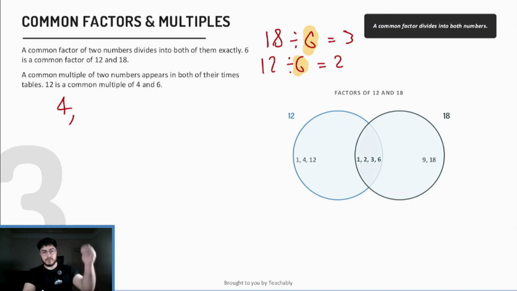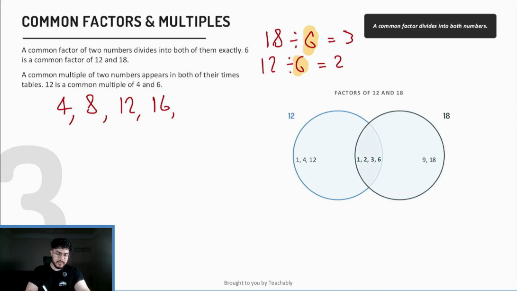Remember, you just go down multiplying that number. 1 times 4 is 4, 2 times 4 is 8, 3 times 4 is 12, and 4 times 4 is 16, and we can keep on going. The reason why I stopped is because it was talking about 12, and we already saw 12 in our list. So I'm going to highlight that.